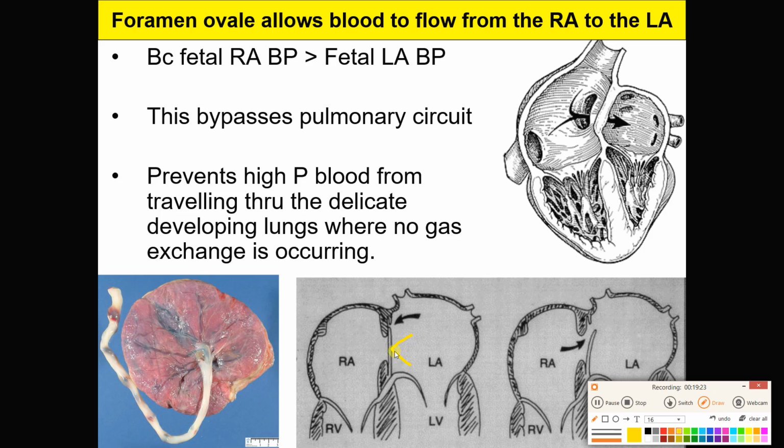And because the pressure situation has changed, it's higher over here, lower over here, this valve stays shut, and within a couple days, new tissue has grown over it, and where you once had a hole, you now just have a dent, and that dent is called the fossa ovalis. The hole was called the foramen ovale.